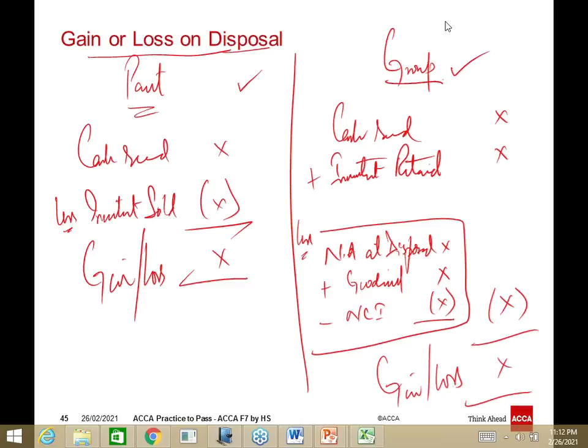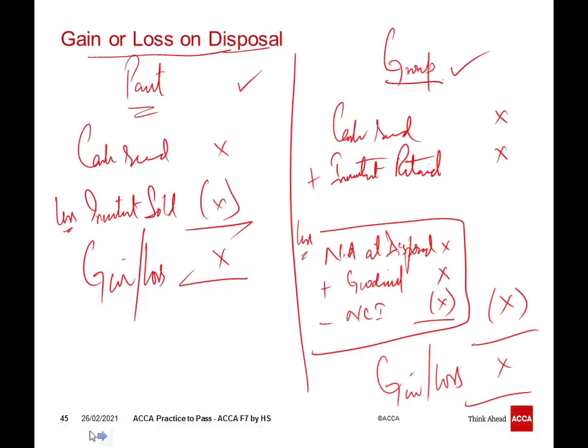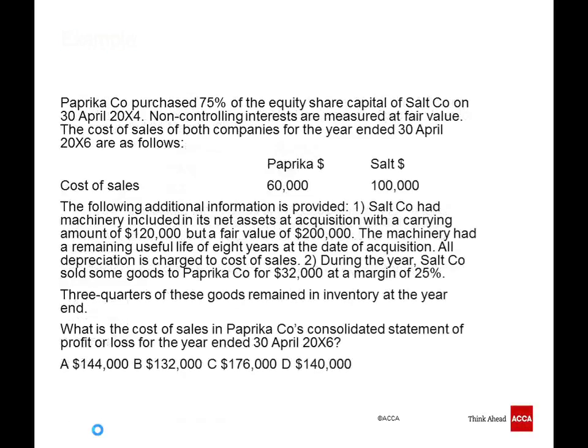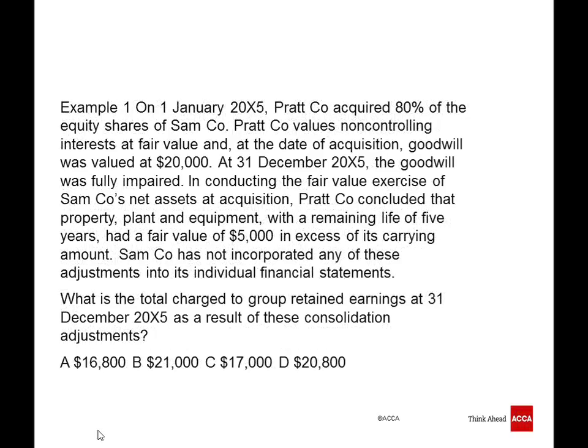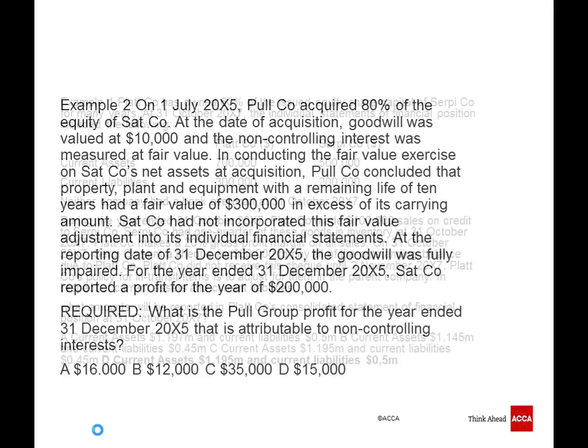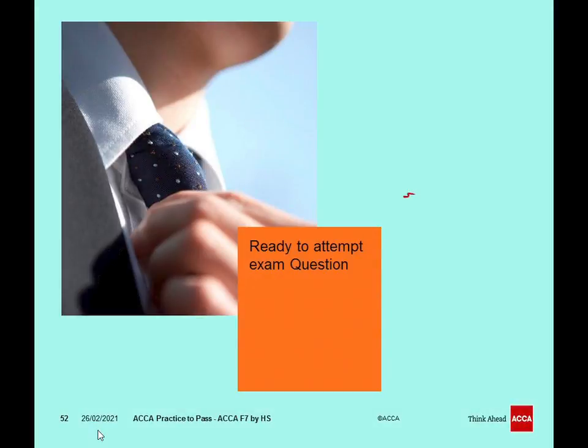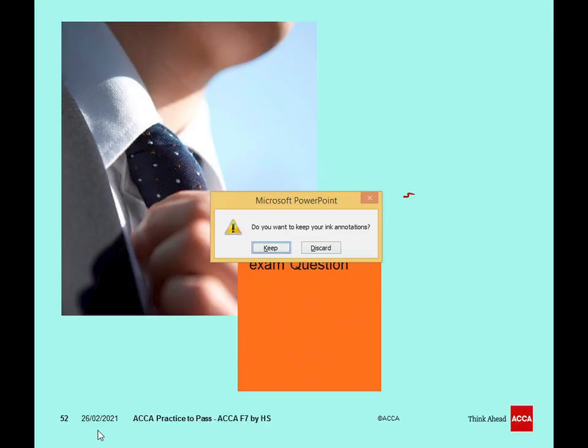You only need to put the values in this format and you will get the answers. I'm just giving you these questions for your assignment purpose. There are a few MCQs related to the consolidated income statement. If you follow the formats, I think you will be in a position to attempt the questions.